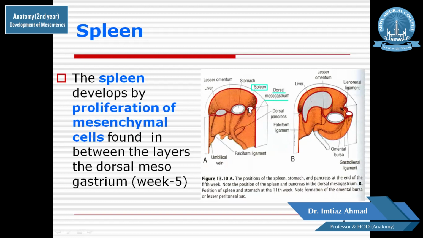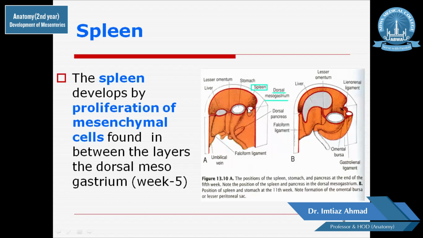Now, the spleen develops in the dorsal mesogastrium by the proliferation of the mesenchymal cells found in the layers of the dorsal mesogastrium. So where does the spleen develop?